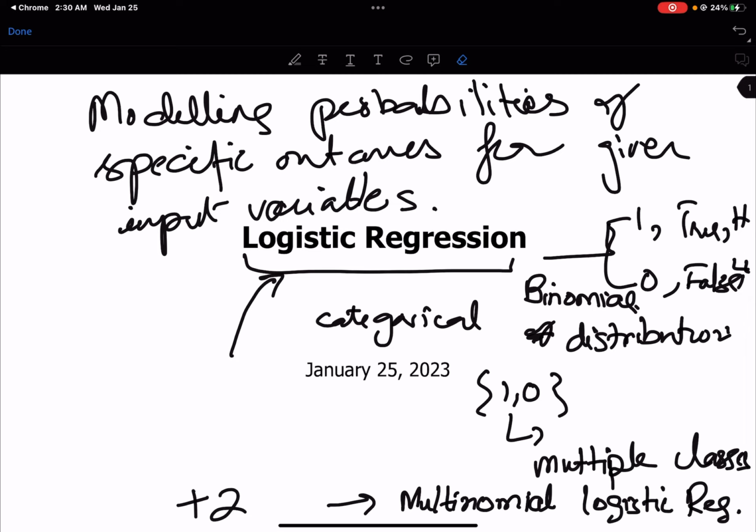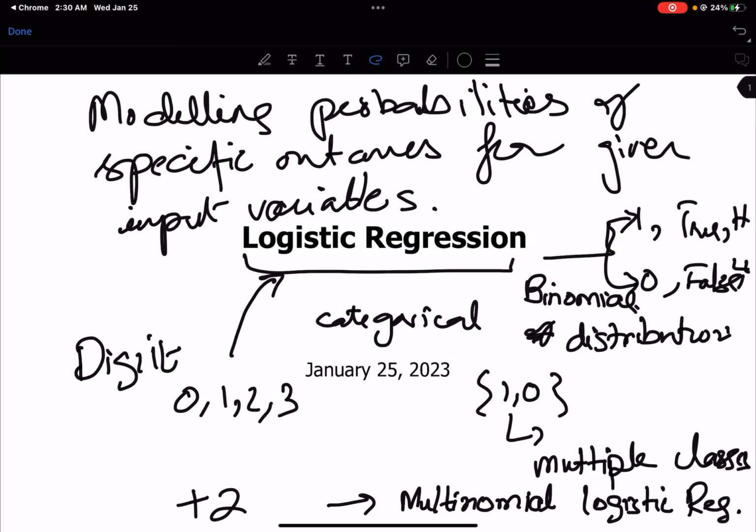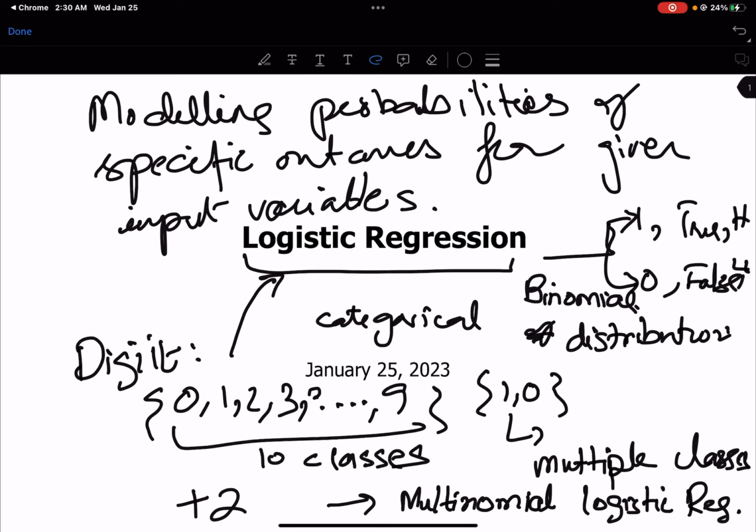So these are the application references where we use our logistic regression. When we have distribution in categories such as 1, 0, true, false, or we could have multiple classes, for example, digits 0, 1, 2, up to 9. Here we have 10 classes. Here also we can use multinomial logistic regression.